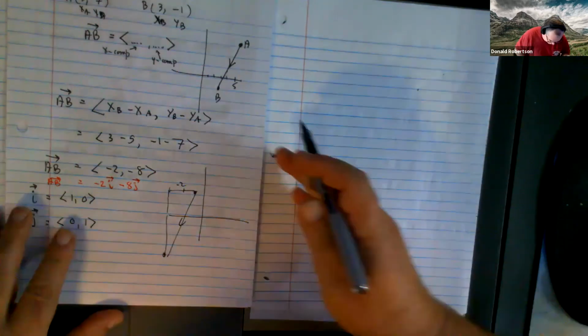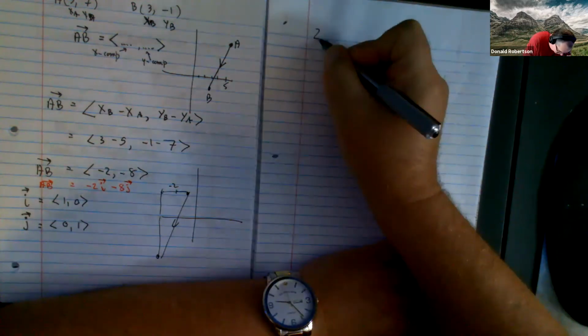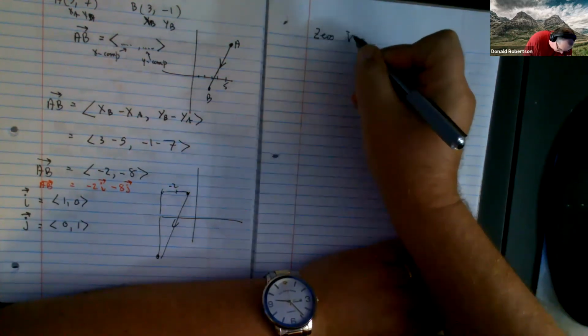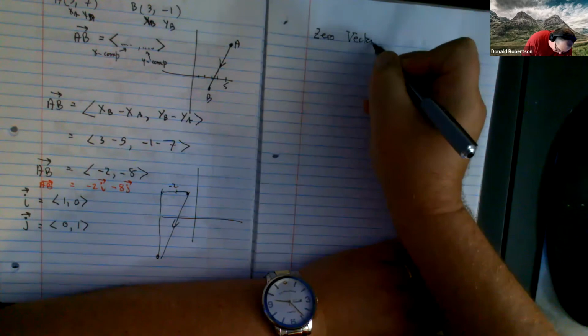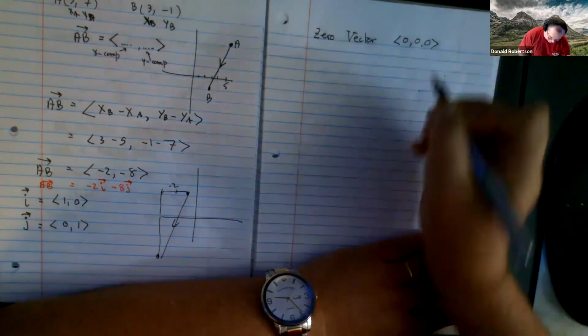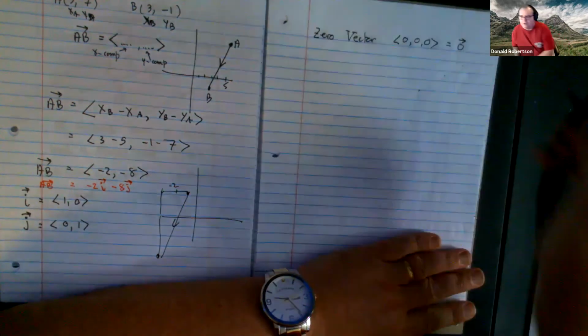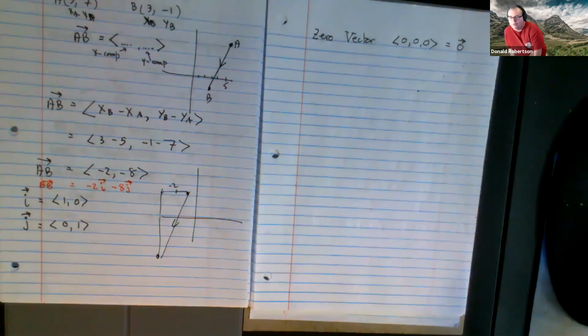Now let's introduce you to a rather strange vector called the zero vector. And in 3D, the zero vector is that, and it is called zero with a little arrow on it. It's a zero vector.